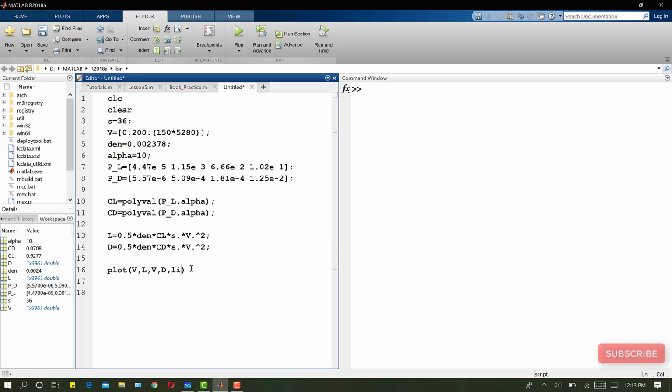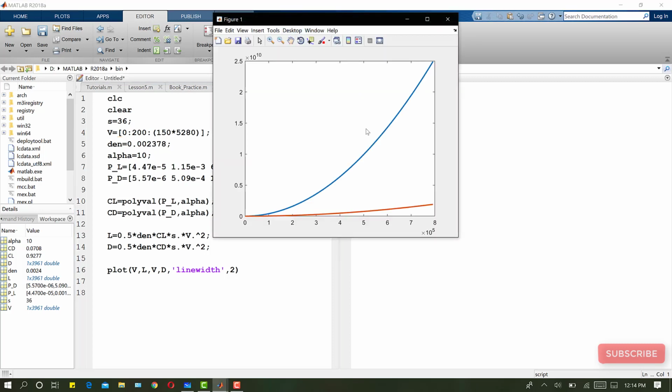I will write line width, and we will enclose it in quotes, and then I will put a value. By default the line width is 1, so I will write 2. Now if I run this, we see that the thickness of the line is increased.